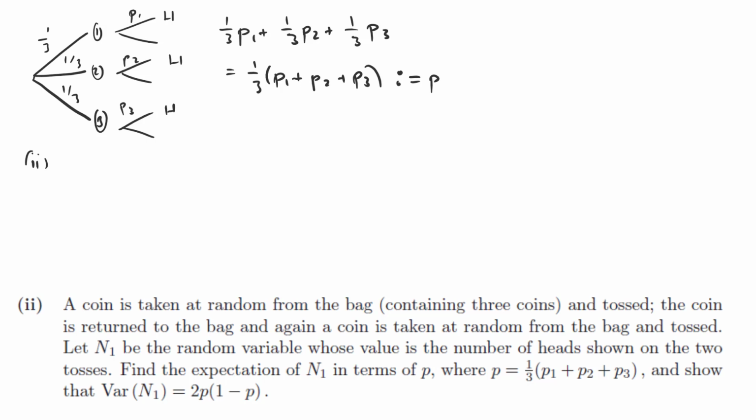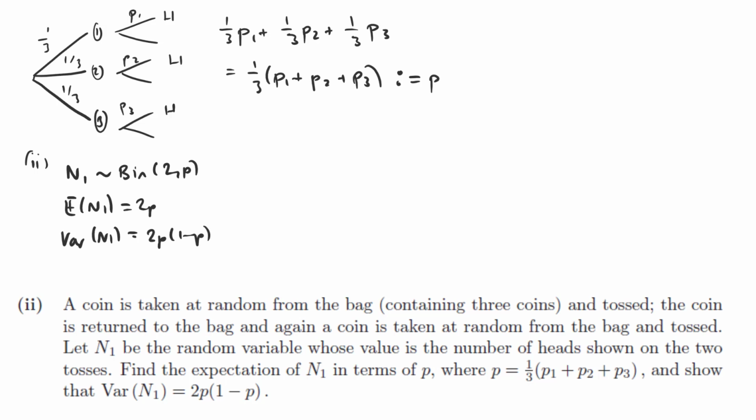Now, in one sense, if you studied the binomial distribution, you might just say, obviously, N1 has a binomial distribution with parameters 2 and p, so we know immediately that the expectation is n times p, which is 2p, and that the variance is n times p times (1 minus p), so it's 2p(1 minus p).